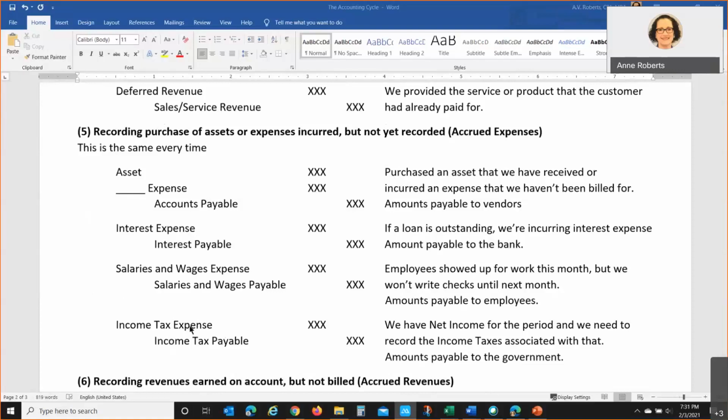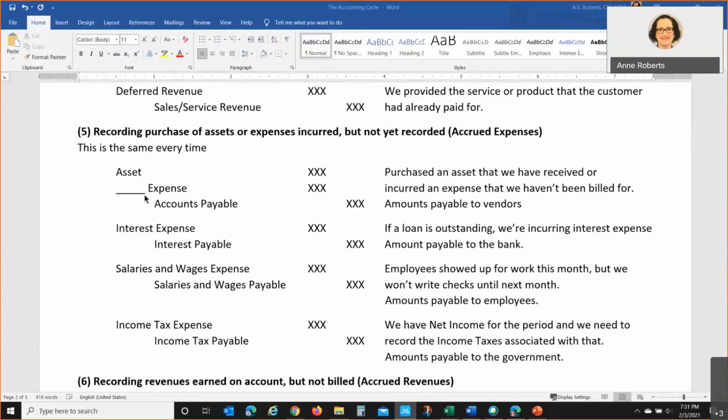And number 5 and 6, now we are looking for expenses that we've actually incurred but have not been recorded yet. So in this first journal entry, we may have purchased an asset that we haven't been billed for yet. Regardless of the fact that the vendor hasn't billed us, we have possession of the asset, so we have to record the asset and the accounts payable.